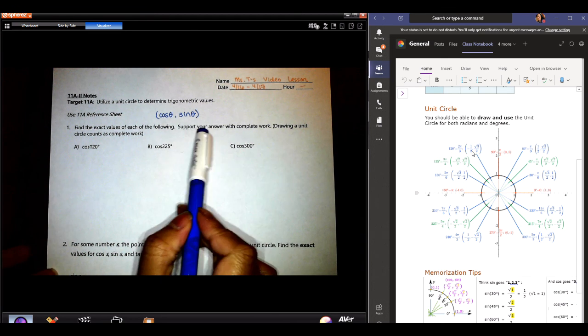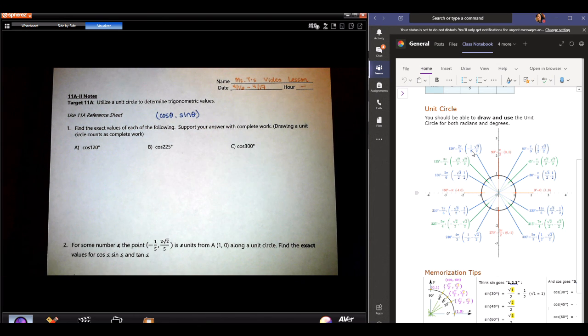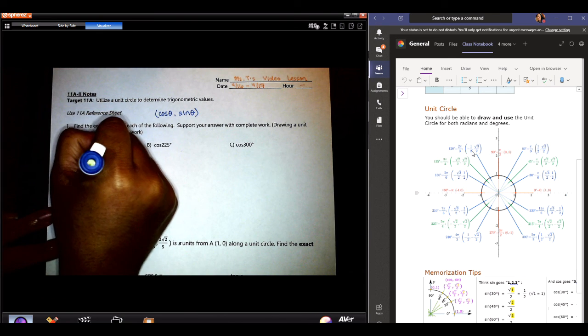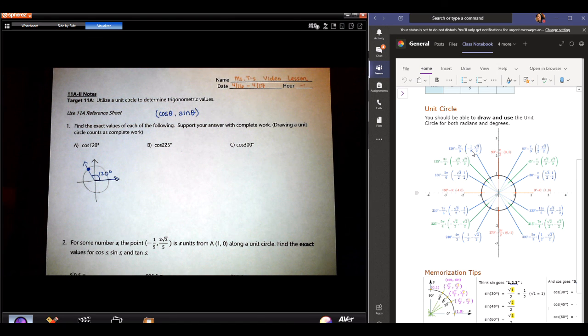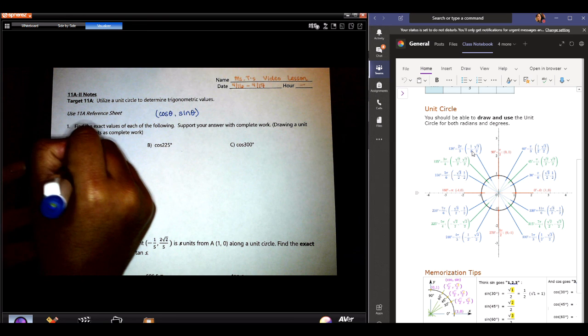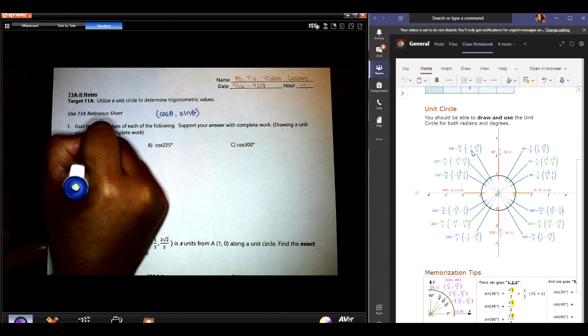What I would expect you to do is show your work. So draw a unit circle right here. You're just going to sketch this out. We have 120 degrees right here, and then right here we have this ordered pair, and that's where we're going to write the ordered pair from the graph, which is -1/2, square root of 3 over 2.